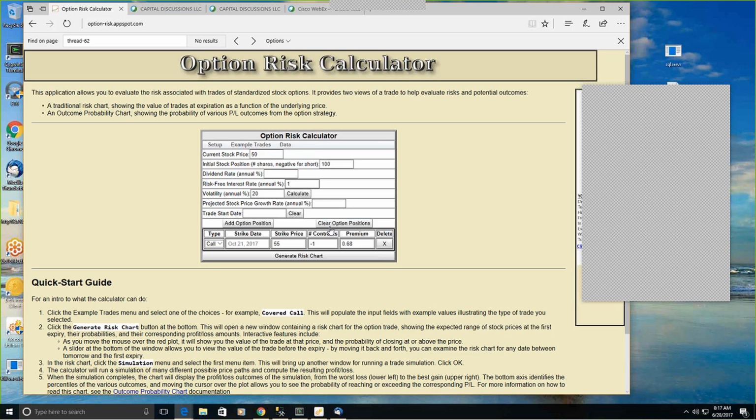But I may want to make a trade on the assumption that this stock is going down the toilet and is going to grow at minus 10%. So what I've done with this calculator is given you the option to set up a different stock growth rate from the risk-free rate. So that 1% will still be used where it's needed for the option pricing model, but a different value will be used for the projected stock growth rate.